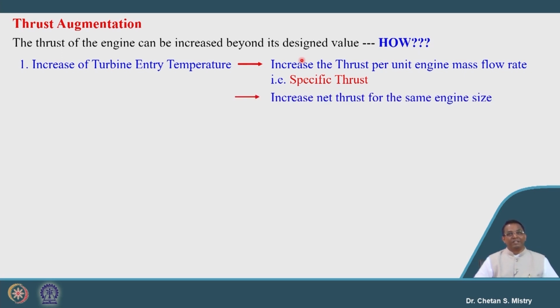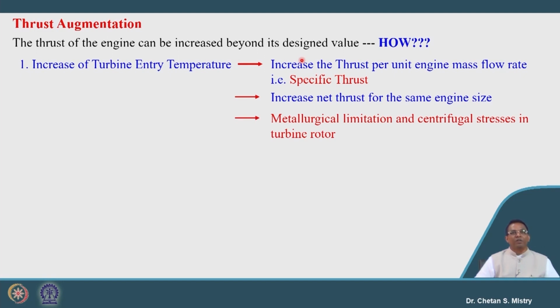We can increase the net thrust for the same size because we are only changing the turbine entry temperature. And here we have a red indication, in terms of metallurgical limitations and centrifugal stress in the turbine rotor. That is what puts the constraint on increasing the turbine entry temperature.